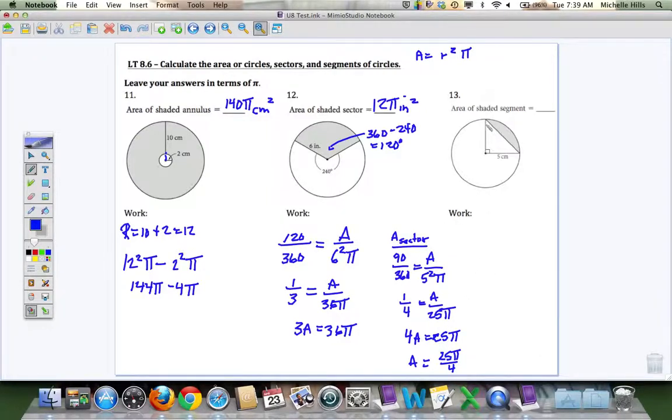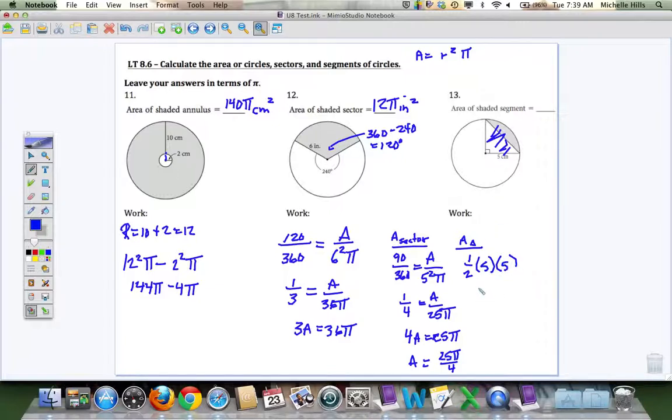Now, that's the area of this whole part. I just want the area of this segment, so I need to find the area of my triangle now, so I can subtract it from this area. Well, area of a triangle is 1/2 times the base, which is 5, times the height, which is also 5.